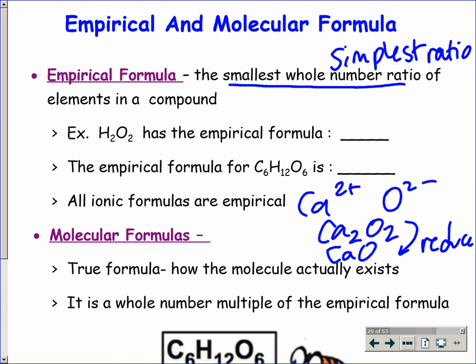It's the true formula. So if I took a molecular or covalent compound and asked what's empirical, you would reduce all the subscripts down to the simplest way we could. So this hydrogen peroxide, how can I reduce that? HO, right? Well, we write no 1, but yeah, that would be the better answer. For glucose, C6H12O6, what would be the simplest ratio?